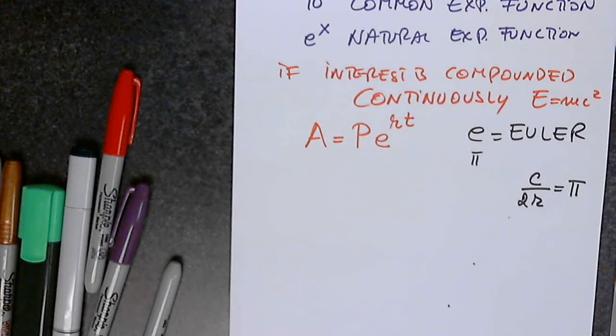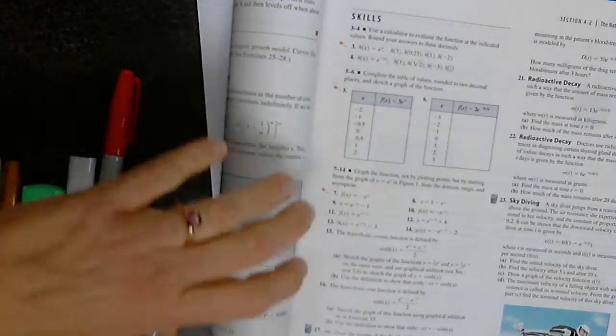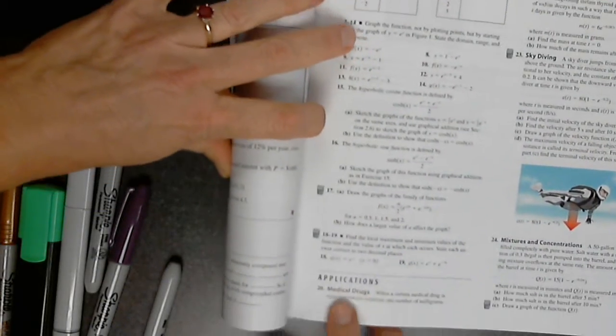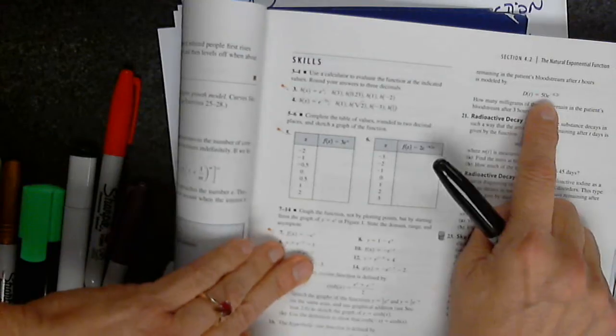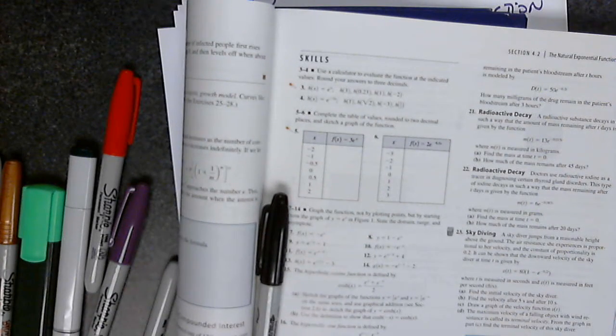Let's take a look at the following formula. We have never really had so many applications so far. Look, medical drugs, an exponential function. They collected the information and plotted points. Only this exponential function fits through those points. No rational function, no radical, no polynomial.